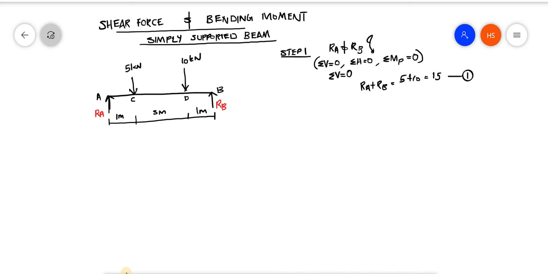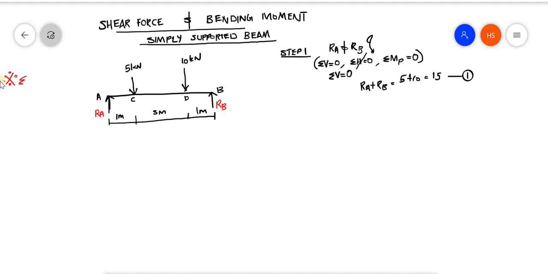Since there is no horizontal force, sigma H equal to 0 cannot be used. Now for another equation, I can check whether the moment at any point is 0. For a simply supported beam, this is an important thing to understand: the moment at the ends will be 0.